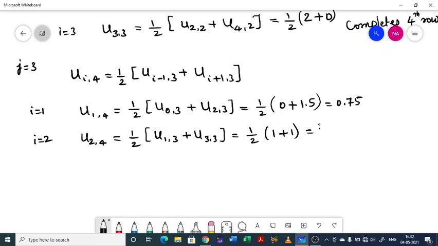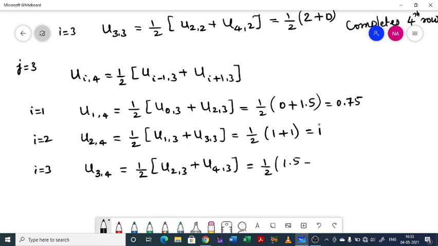So we will be getting 1. i equal to 3. u(3,4) equals 1/2 times (u(2,3) plus u(4,3)). That will be 1/2 times (1.5 plus 0). So 0.75. So this completes the fifth row.